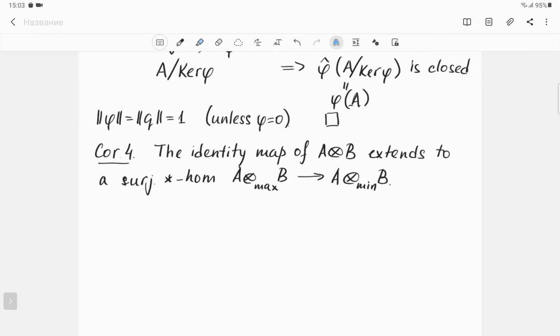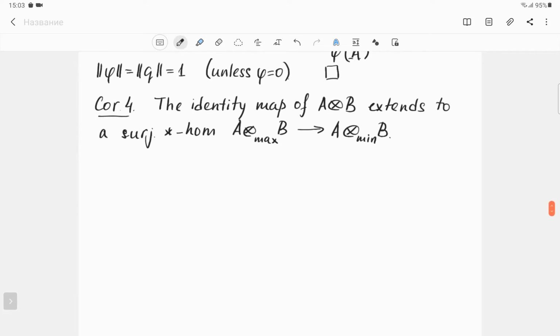Okay, so now we come to the following natural question. Is it true that this homomorphism is actually an isomorphism? In general, the answer is no, and this leads to the following definition.